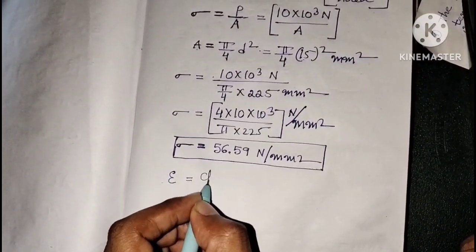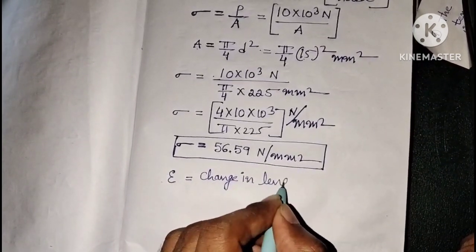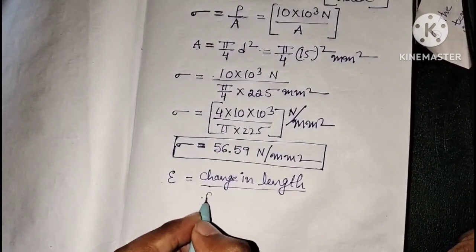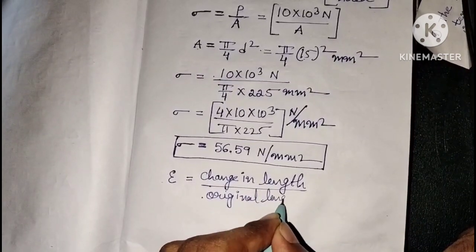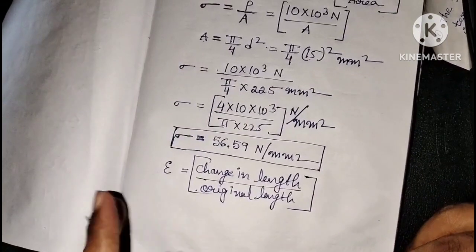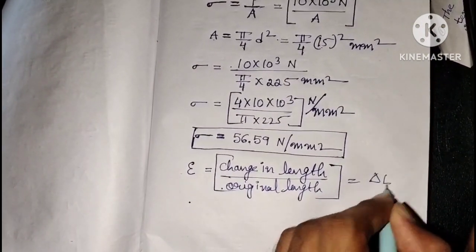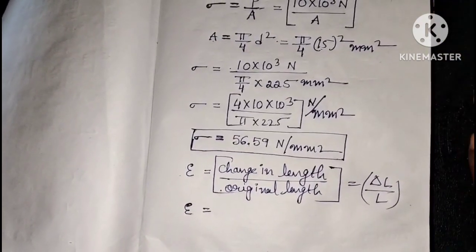Strain is equal to longitudinal strain, change in length by original length. So we calculate longitudinal strain, change in length by original length, delta L by L. You are already given the change in length, the extension under a load of 10 kilonewton.